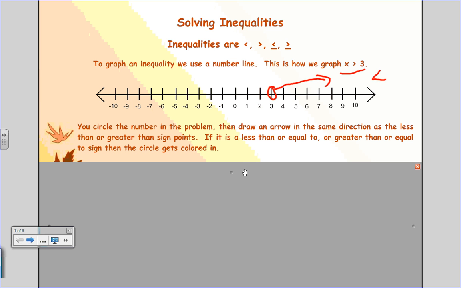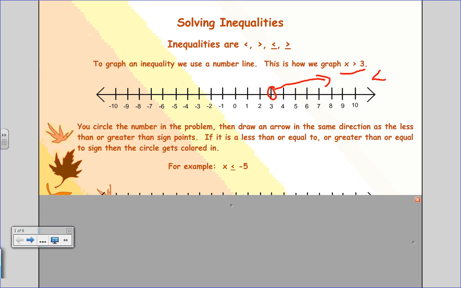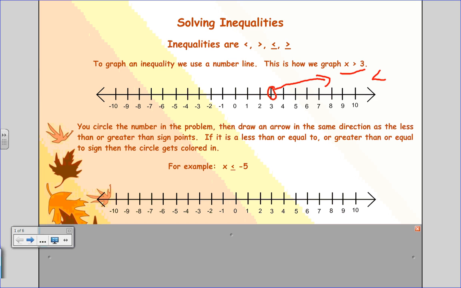If it's an equal to, a less than or equal to, or a greater than or equal to, then what you do is you color the circle in. So here's an example. If I want to graph x is less than or equal to negative 5, again, just go to negative 5, circle that spot on the graph.